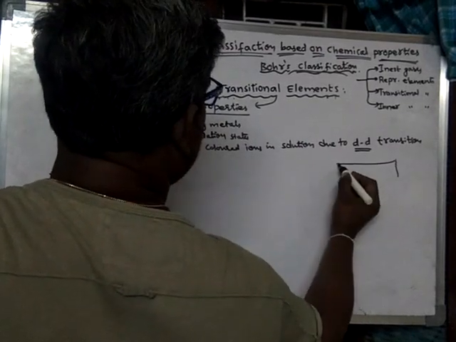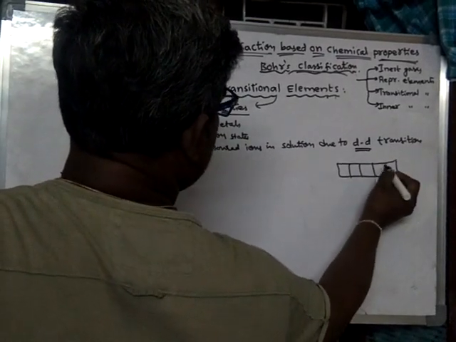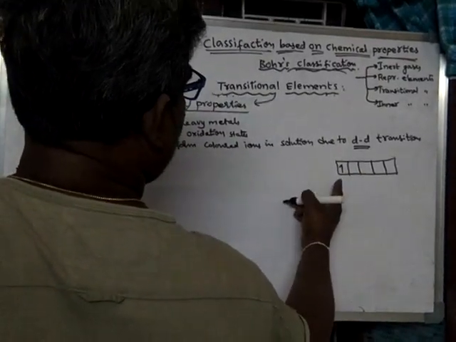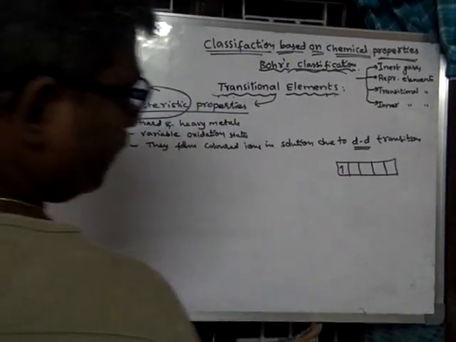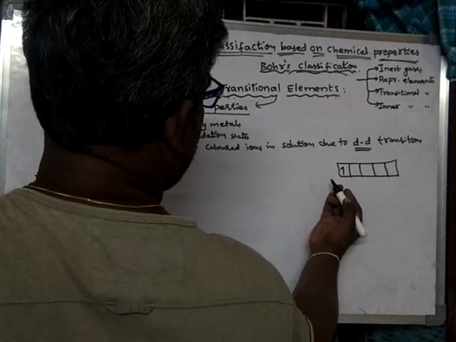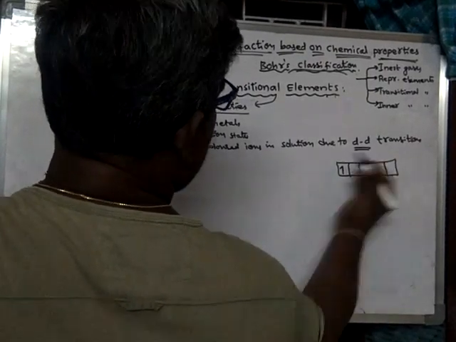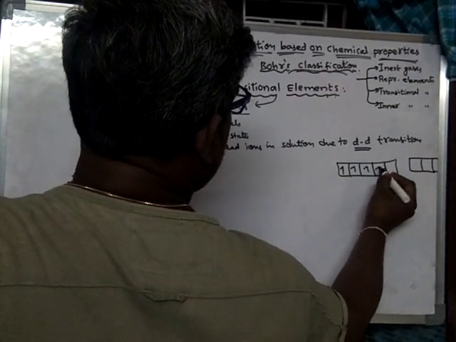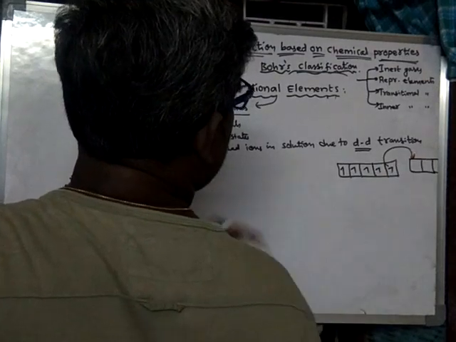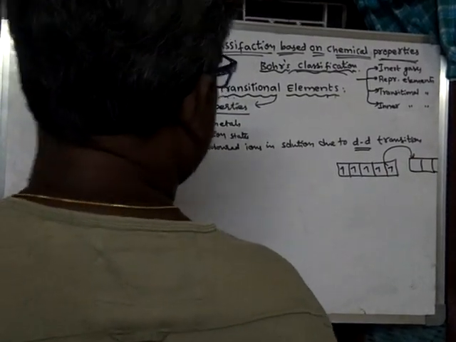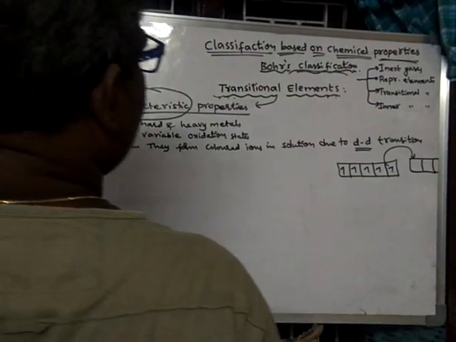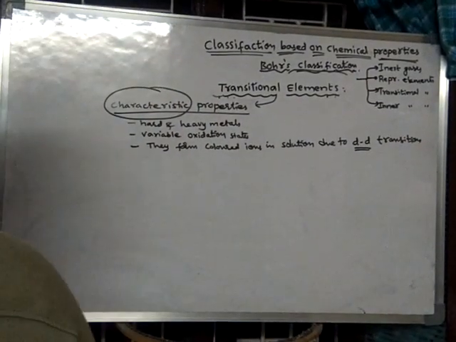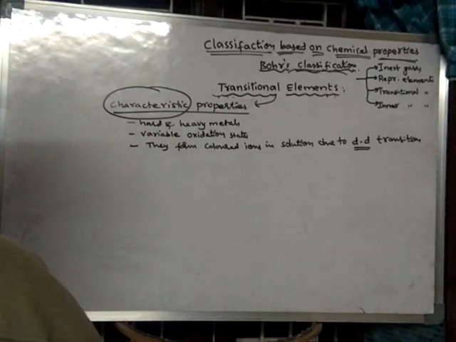The d electrons transfer from one orbital to another orbital, or the d electrons from one atom transfer into the d orbitals of another atom. So due to the transition of d electrons, these transition elements form colored ions.